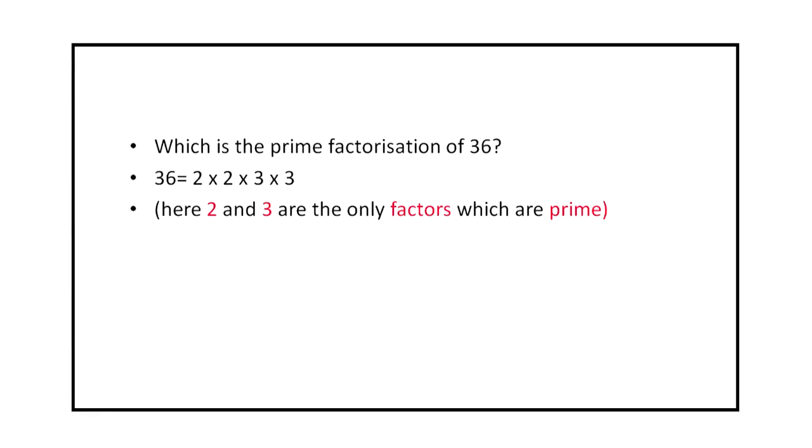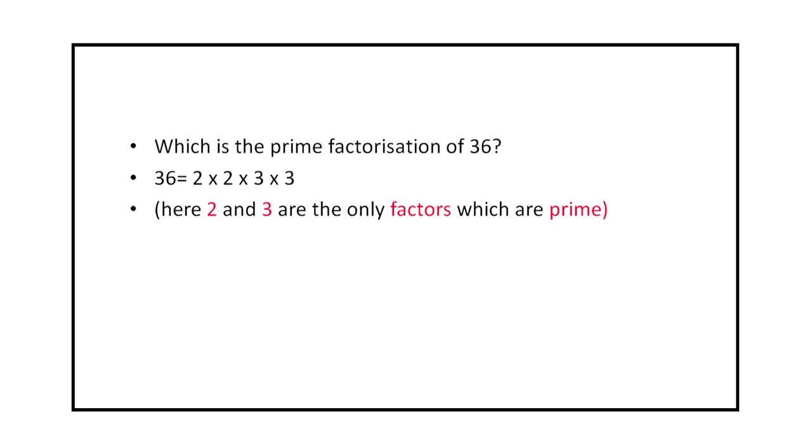Now, which among the categorizations becomes the prime factorization of 36? As I have said just before, it is the product of the factors, and that too the factors should be prime numbers.